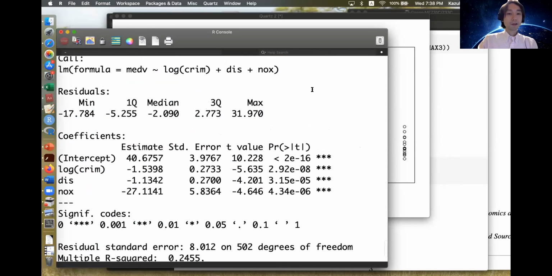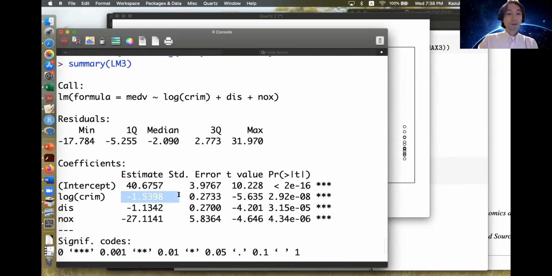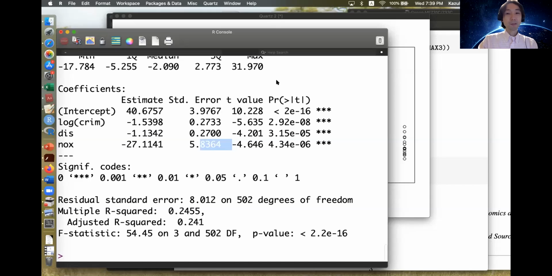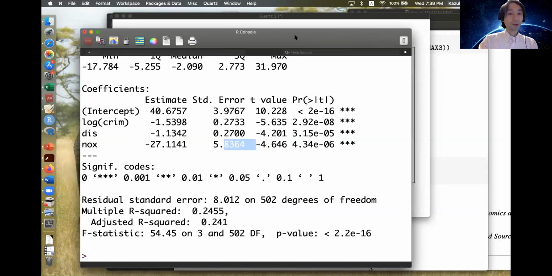Then we can see this. The log of crime rate still has a significant coefficient, but also the distance from city center and NOx level are very significant predictors. So probably this model is better than the previous model.